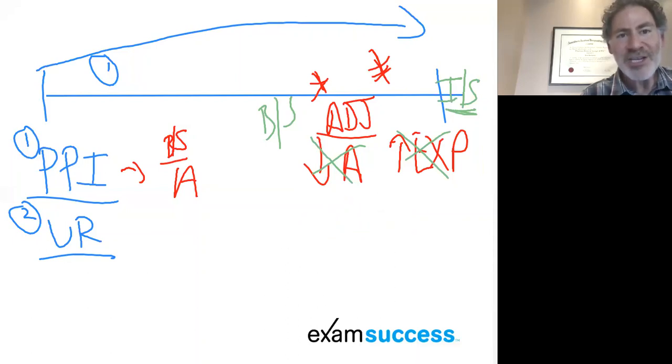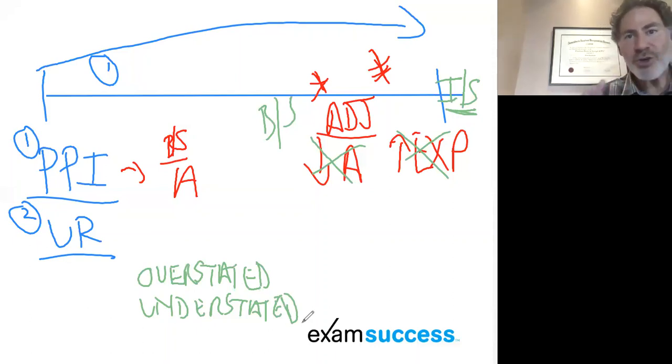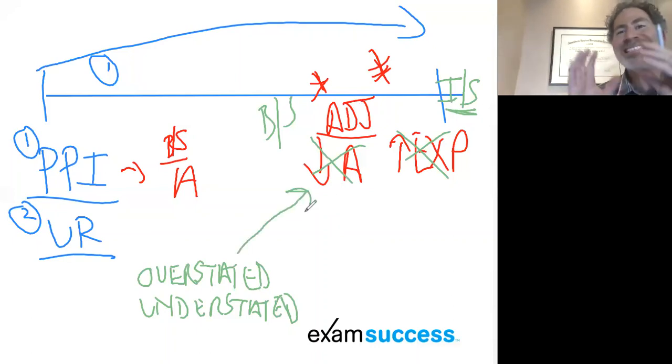Again and again, you're going to look for this language of overstated and understated. So when you're going through questions, look for this language, because I think this is the way they start to describe the effects. So if management fails to make the adjustment, then we did not lower the assets. So the assets are overstated. That's what you're going to look for.